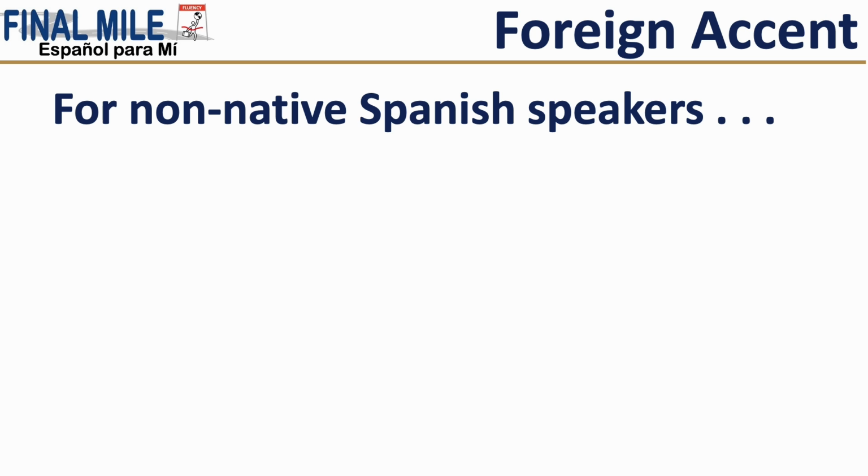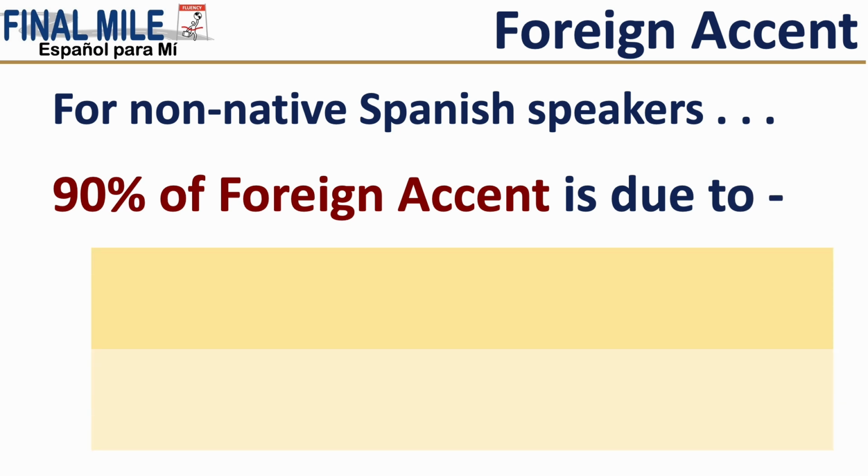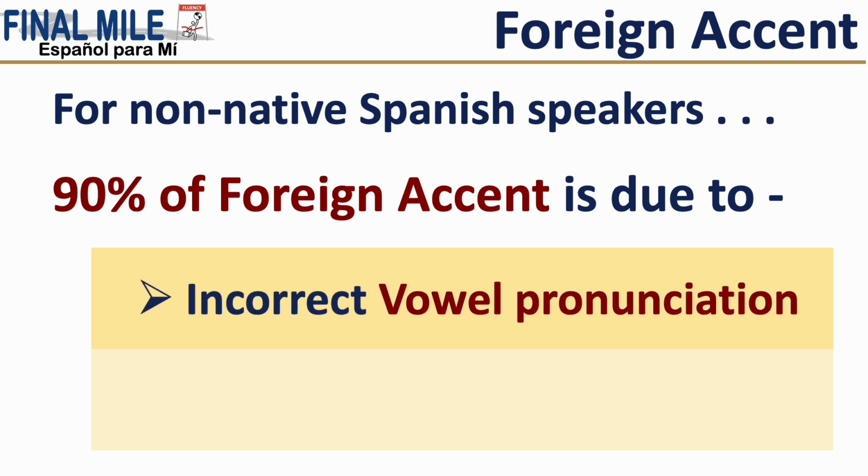So, for non-native Spanish speakers, look at this. 90% of a foreign accent. So, if we do this right, 90% of our foreign accent is going to go away, and the rest is just practice. Okay, so 90% of foreign accent is due to incorrect vowel pronunciation.